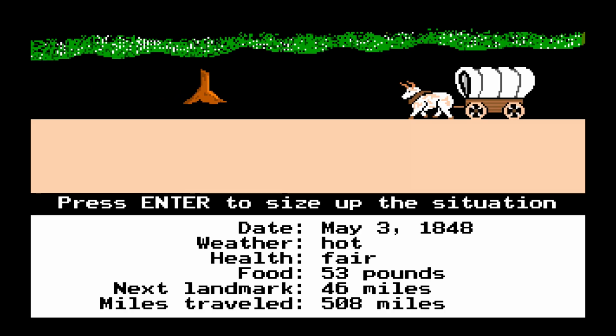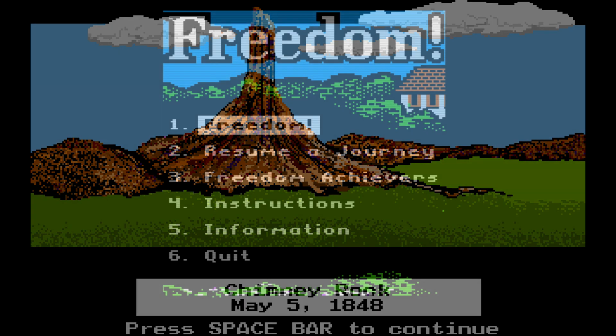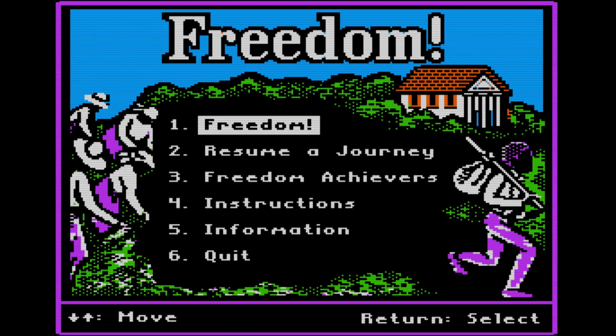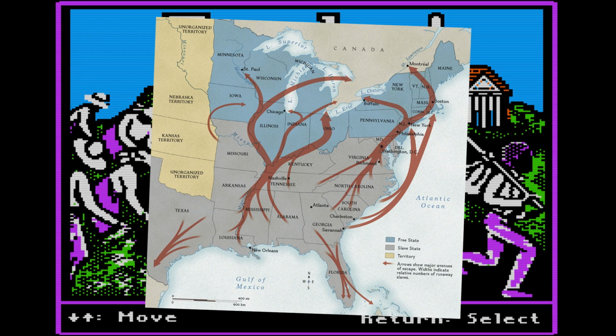The key differences between the two, however, was that instead of Freedom revolving around the majestic wonders of 19th century western US of A, it revolves around being a runaway slave in the dark underbelly of 19th century southern US of A and trying to seek freedom in the northern states.